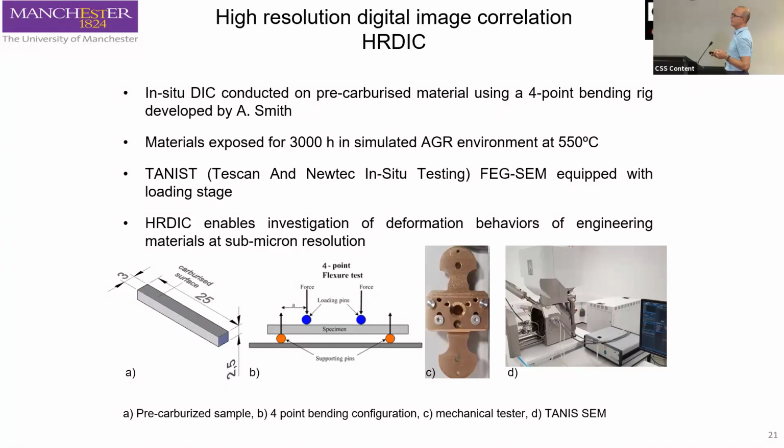The surface was pre-carburized, then we did cross-section polishing, so that by loading the sample in a 4-point bending configuration, we could look in cross-section at the evolution of the cracking as a function of strain through the oxide and in the bulk of the metal. And we used in-situ loading inside a test can. This one is part of the TANIS program that is run here at the University of Manchester.